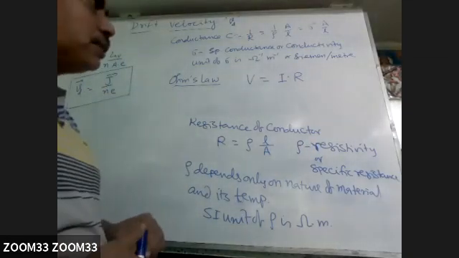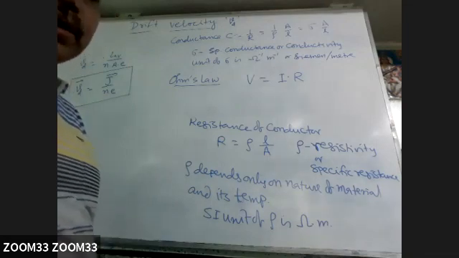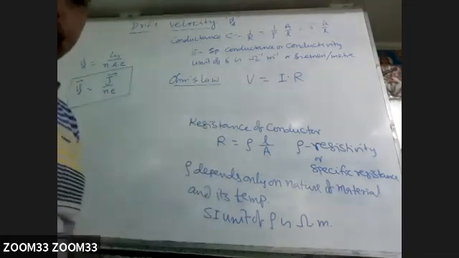I is the current passing through the conductor, R is the resistance of the conductor, V is the potential difference.